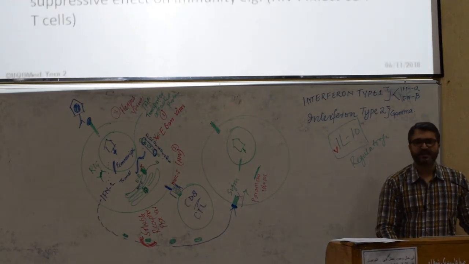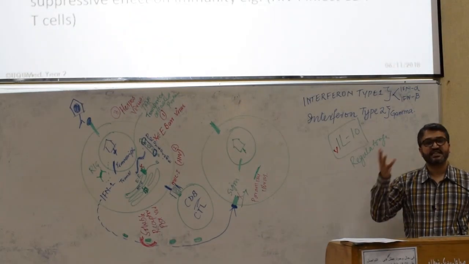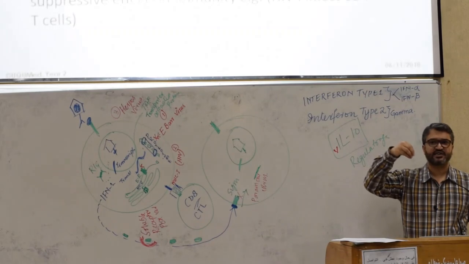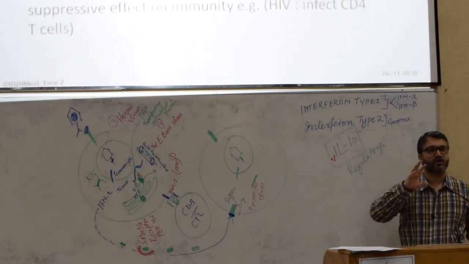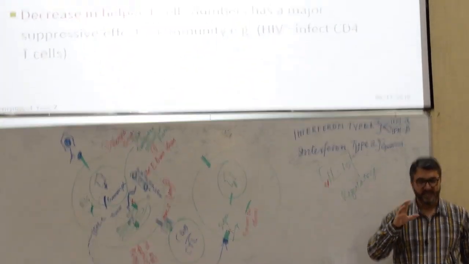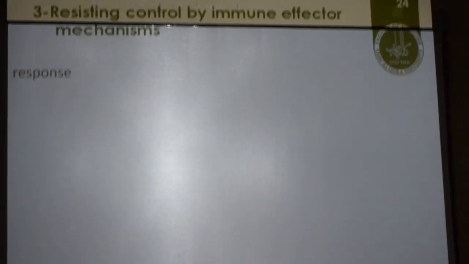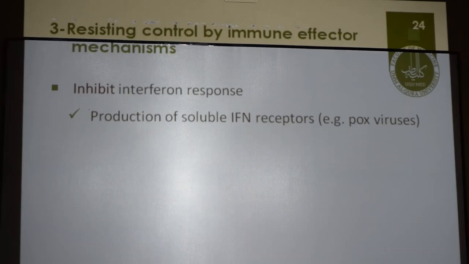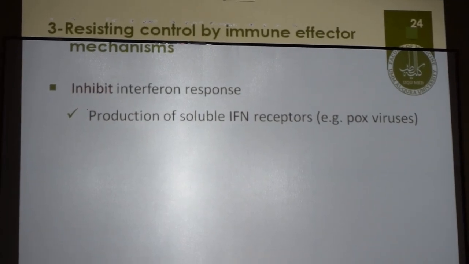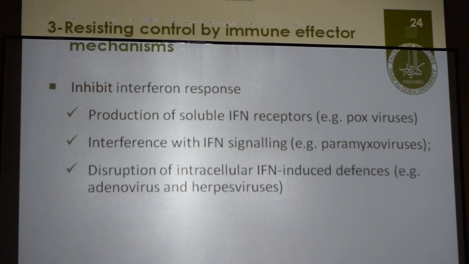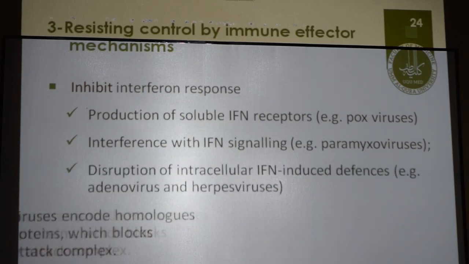Then there is the example of HIV virus, where CD4 cells are destroyed. HIV virus directly enters into the CD4 cells and destroys a lot of CD4 cells. So again your immune system will become weak. So this is again about the inhibitory steps: pox viruses are there, paramyxoviruses inhibit the signaling, and there is disruption of the messenger RNA step.